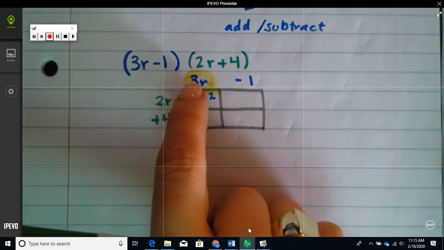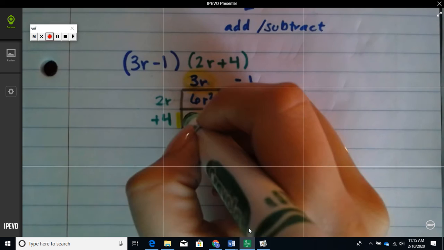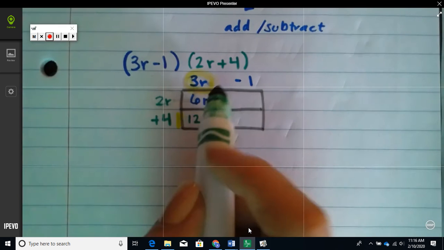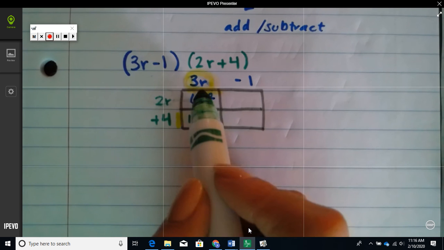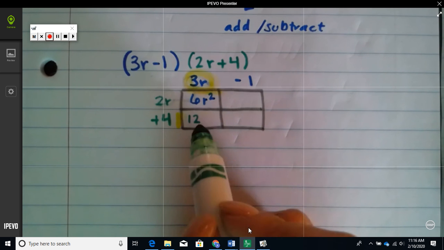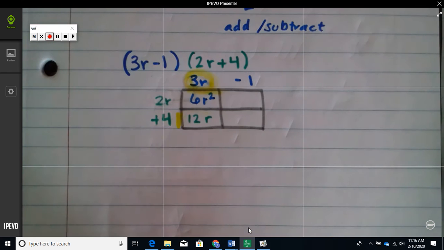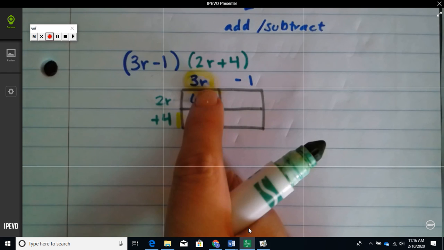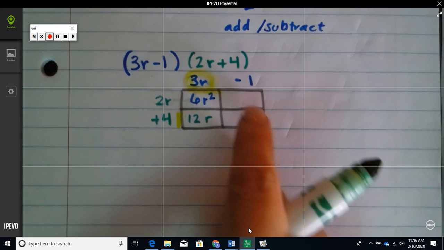So 3 times 4 is 12. And then how many r's are being multiplied? Just one r, so you just put an r. Not r squared, because there's no r here, it's multiplied. So just an r. Okay, so that's how I did this box.